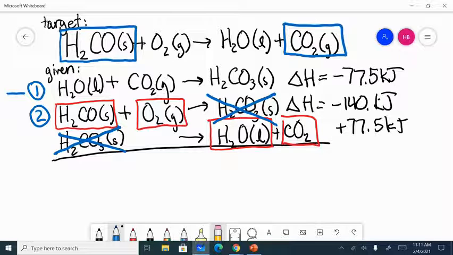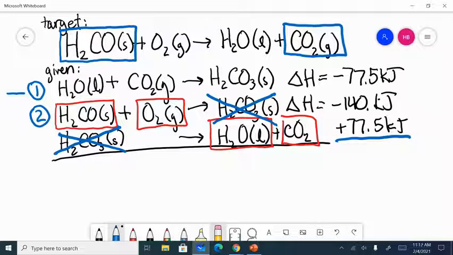Remember, I have to make sure I have everything that I need where I need it with the right coefficient, and everything else needs to cancel. So because I canceled everything I didn't need and I have everything I do need with the right coefficients, all I have to do now is add up the enthalpy values.